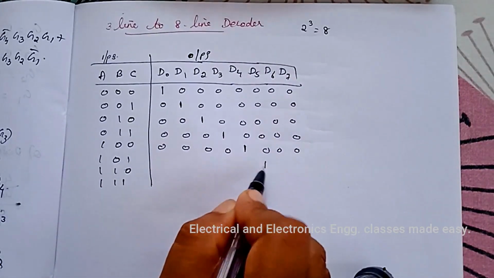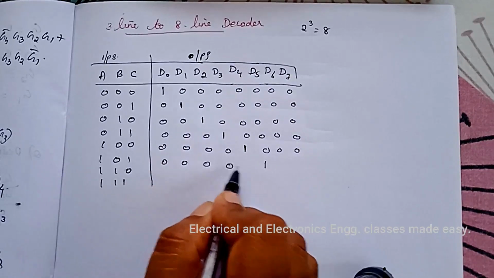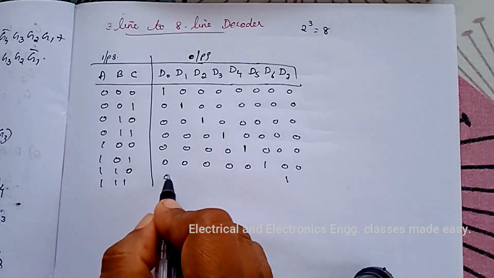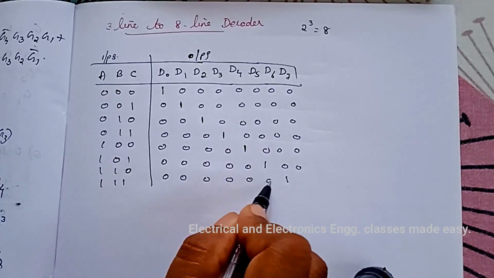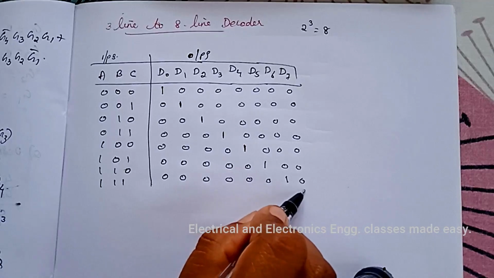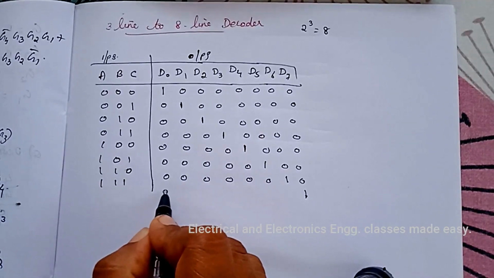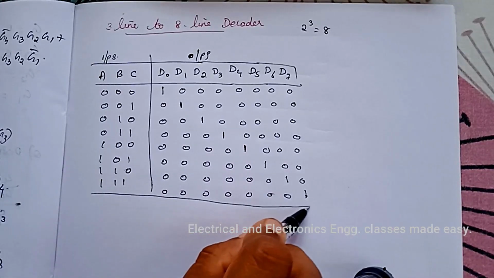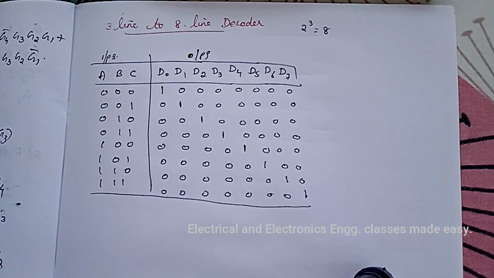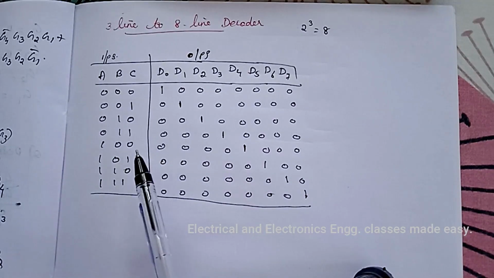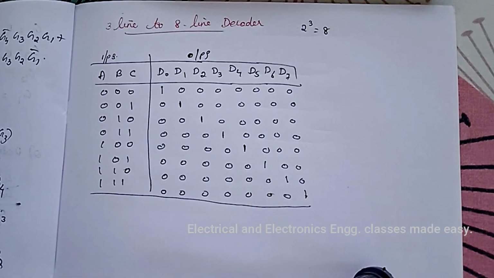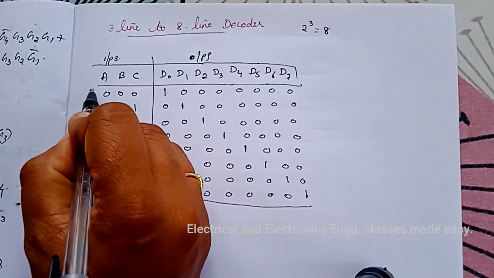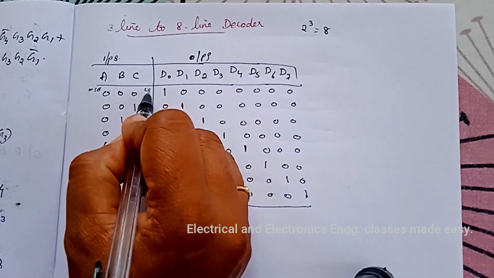For the next, D5 is high and the others are 0, for the next D6 is high and all others are low, and for the last, D7 will be high and all other outputs will be low. So this is the truth table for the 3 line to 8 line decoder. Note that here this is MSB and this is LSB.